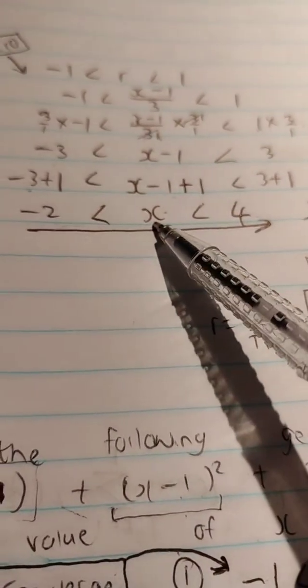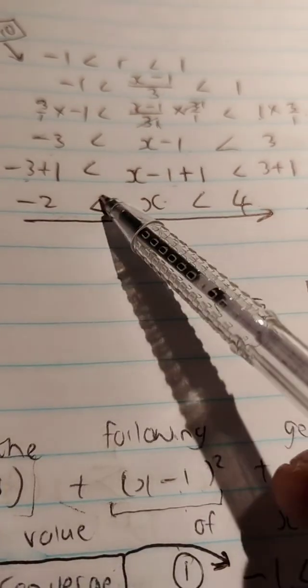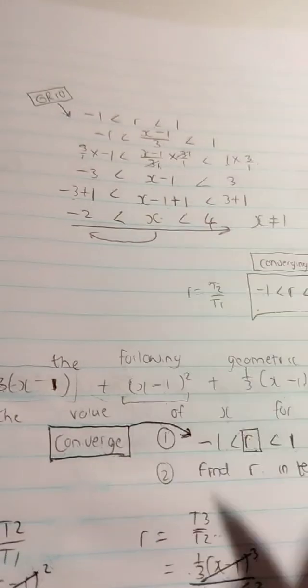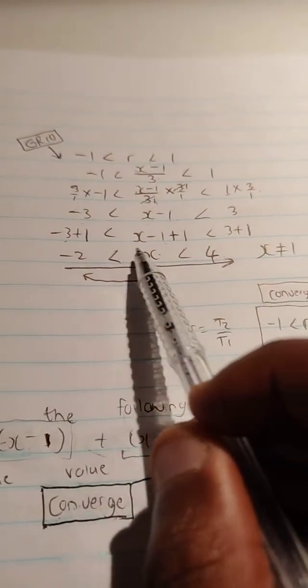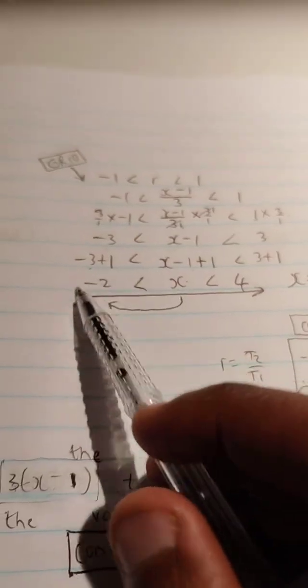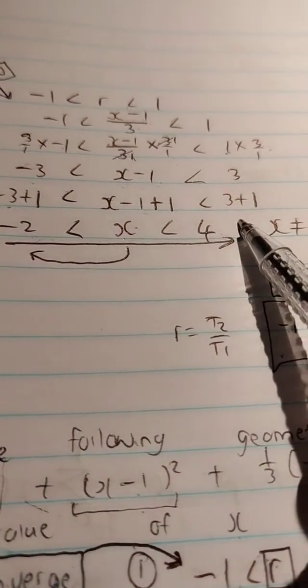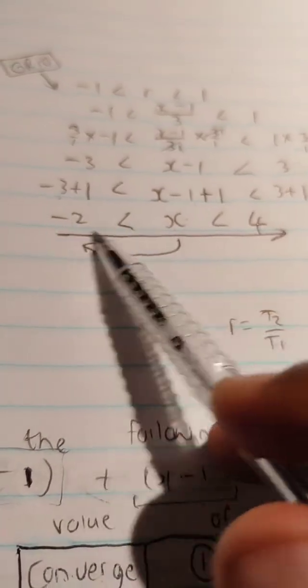So what I'm saying is that when you read this, you say x is greater than -2. Please, guys, we read from x is greater than -2. Okay, any value after -2 that is on this side is a value that is greater than this value. So we say x is greater than -2, but less than 4. I repeat, x is greater than -2.